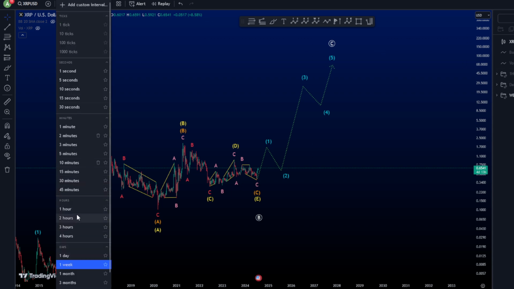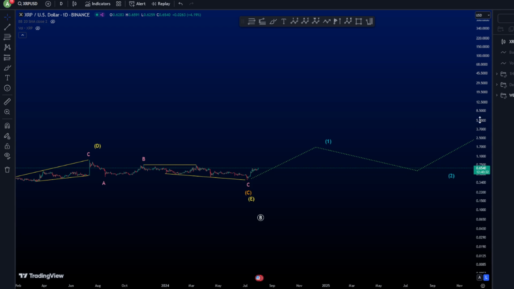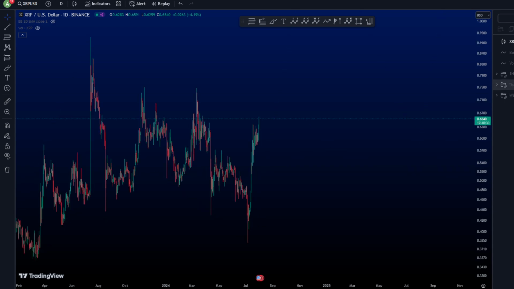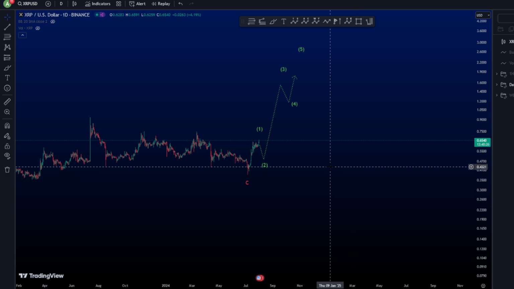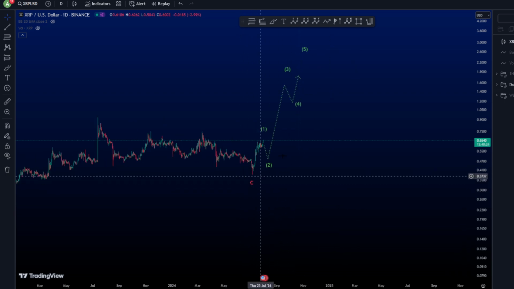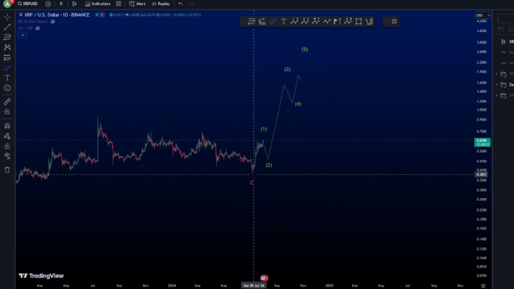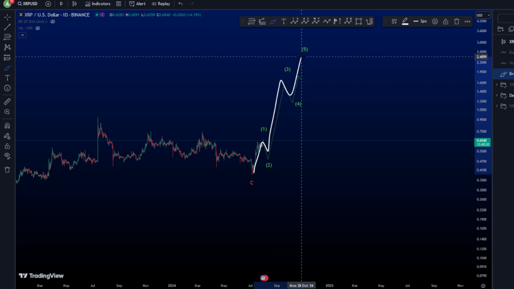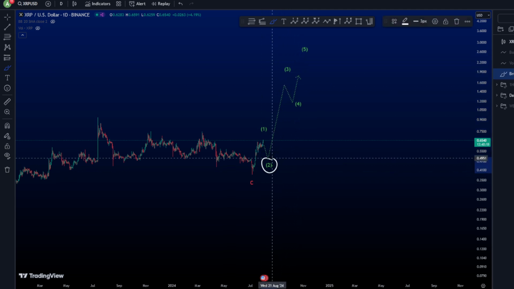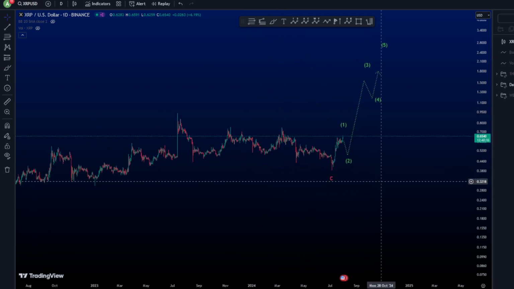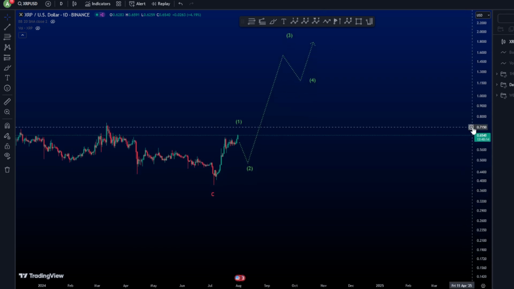On the daily chart, what we are expecting, after a wave C or an E for a triangle, is a 1, 2, 3, 4, 5. The 2 is expected to be a retracement of 3 waves.